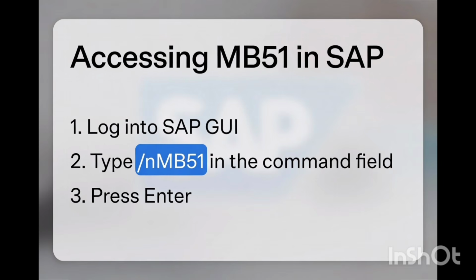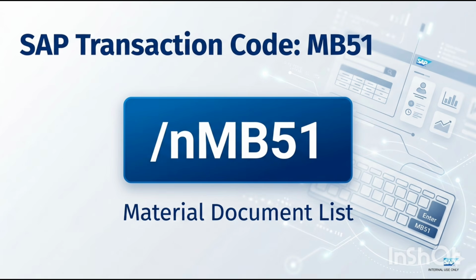This is the fastest way to open the material document list transaction. You can also search for it through the SAP menu under Logistics, then Materials Management, then Inventory Management, then Material Documents and then List. So, MB51 is the official transaction code for the material document list.